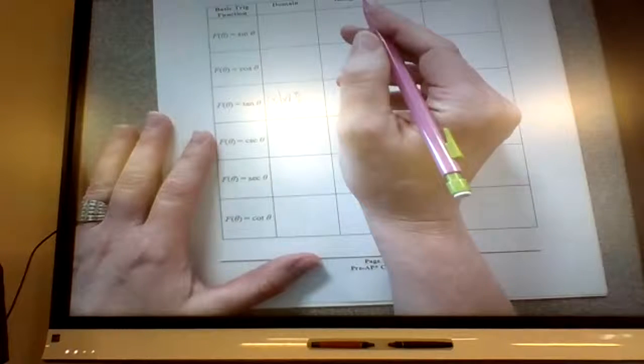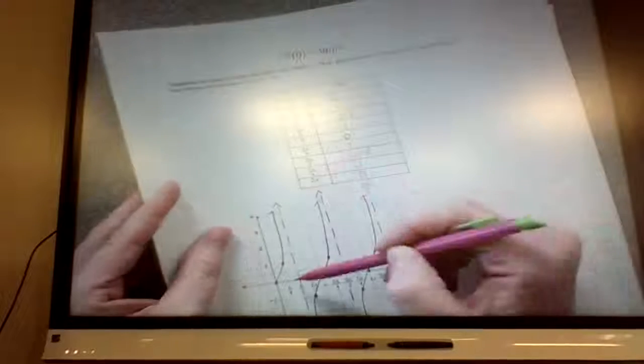No, wait, it's not equal to pi. Where is my tangent? Pi plus 2.